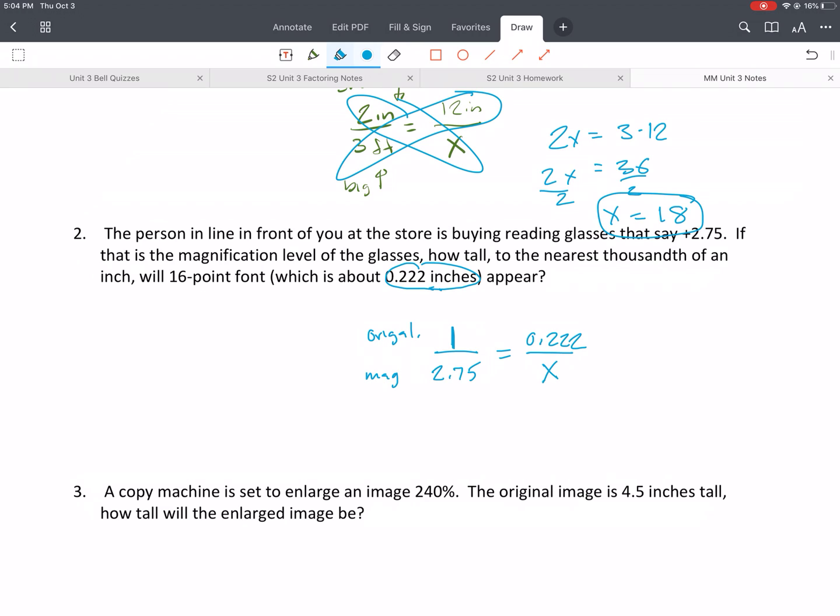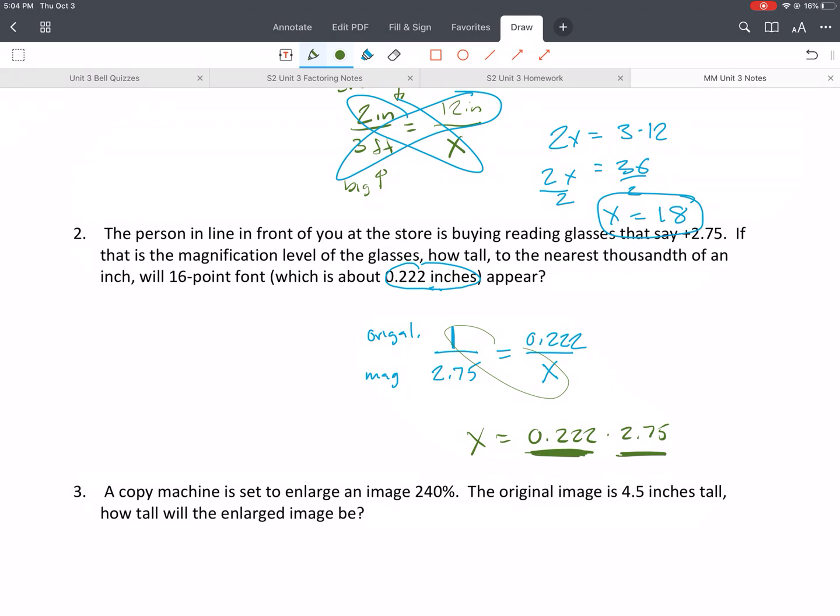So we do cross multiplication: 1 times x is x, equals 0.222 times 2.75, which kind of makes sense.